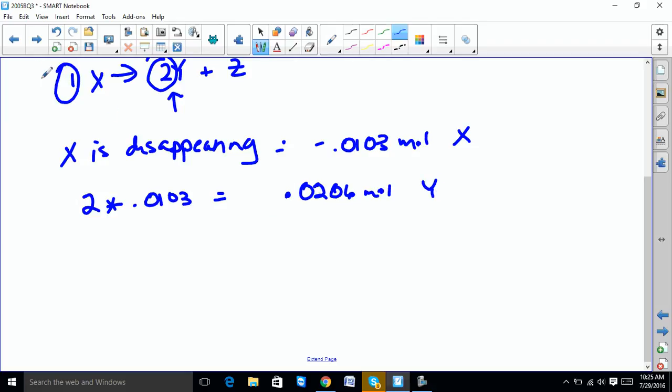Notice this is positive. This is going down. That's why it's negative. This is coming up. But Y is coming up twice as fast as X is disappearing.